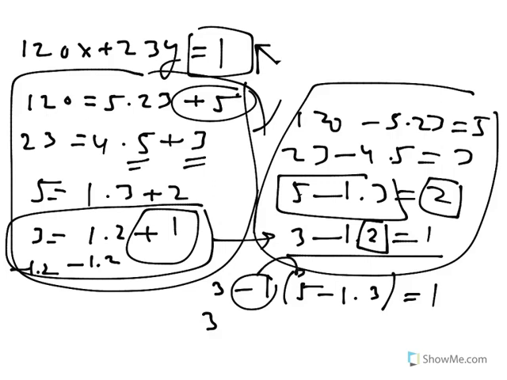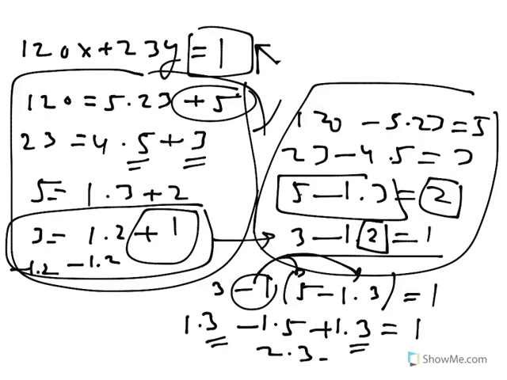Negative 1 times 5 is negative 5, but we're going to write it as negative 1 times 5. And I'm going to write this 3 as 1 times 3. And when I distribute this one through, it becomes plus 1 times 3 equals 1. Then I'm going to combine the 3's. There are 2 of them, so I get 2 times 3 minus 1 times 5 equals 1, which is true. You can test it. 6 minus 5 is 1.